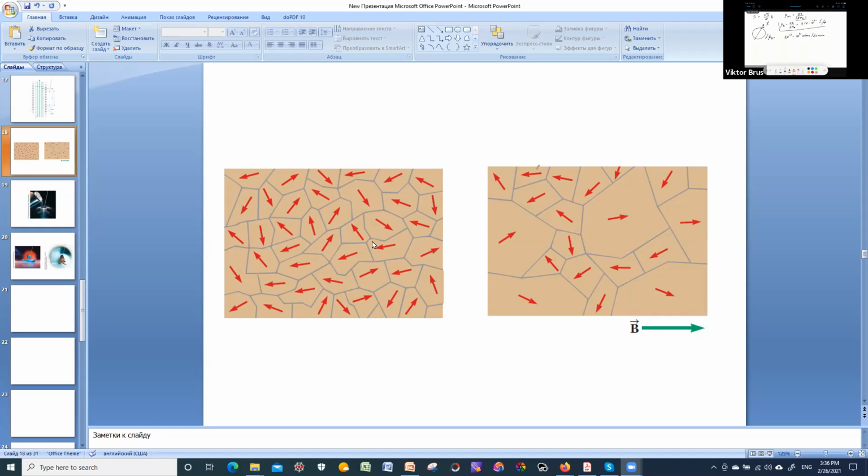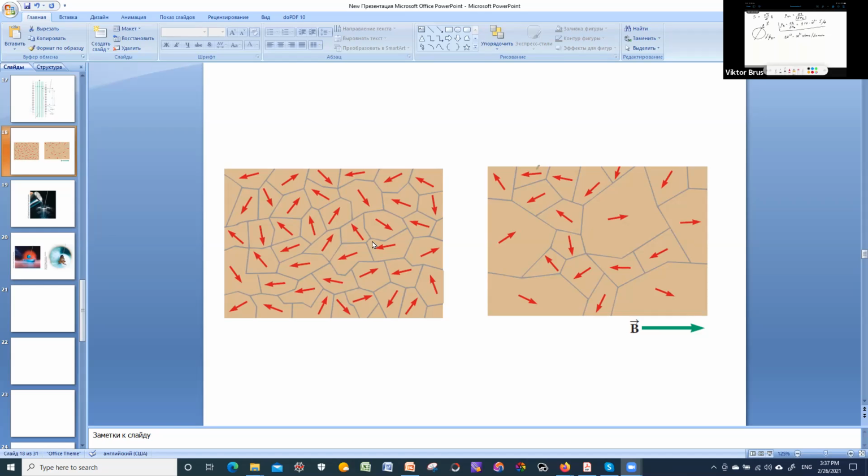So for instance, the Curie temperature for iron is very high, over 1000 Kelvin. So we need to heat this material to a high temperature in order to get rid of this induced magnetization.